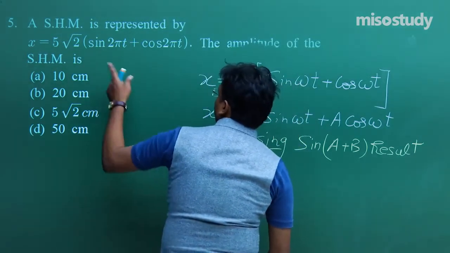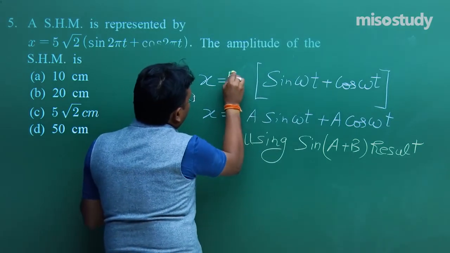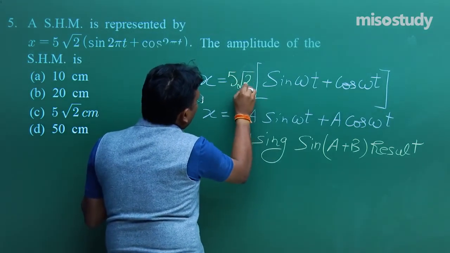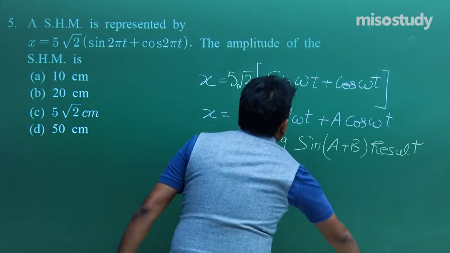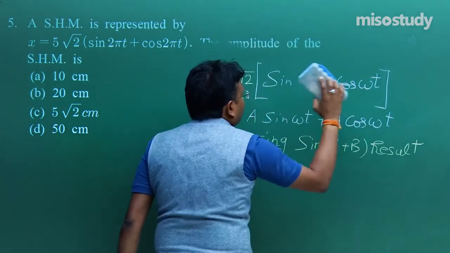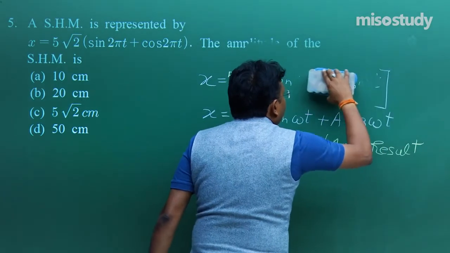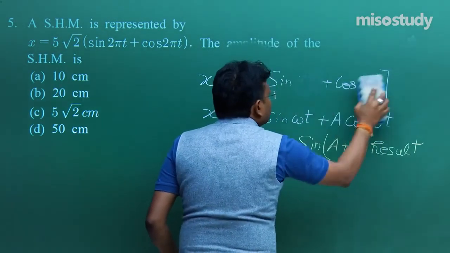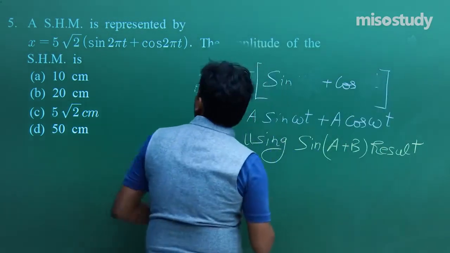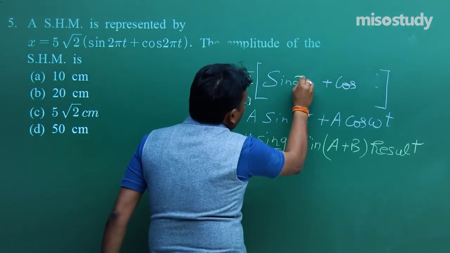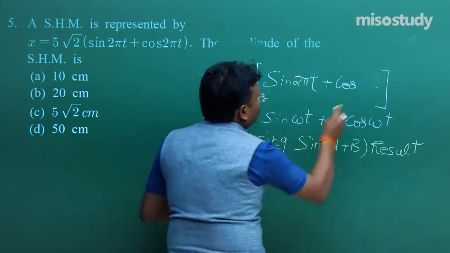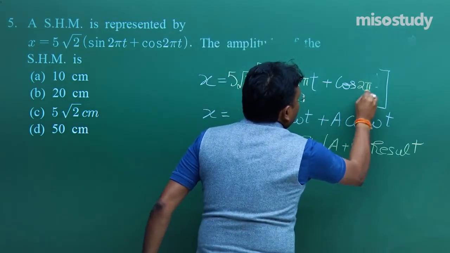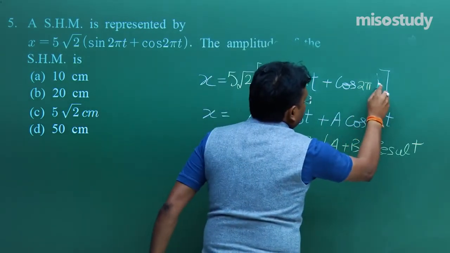So students, it's 5 root 2 rather than a, and rather than omega t, it is 2 pi t.